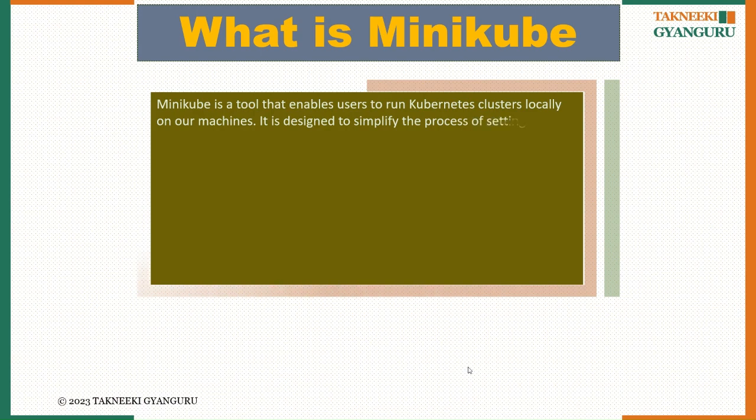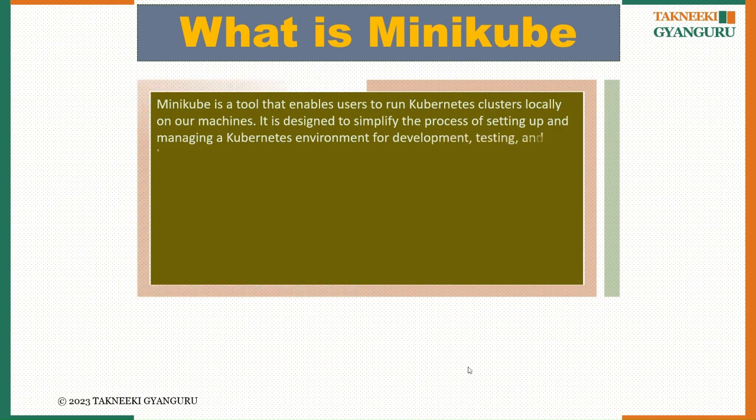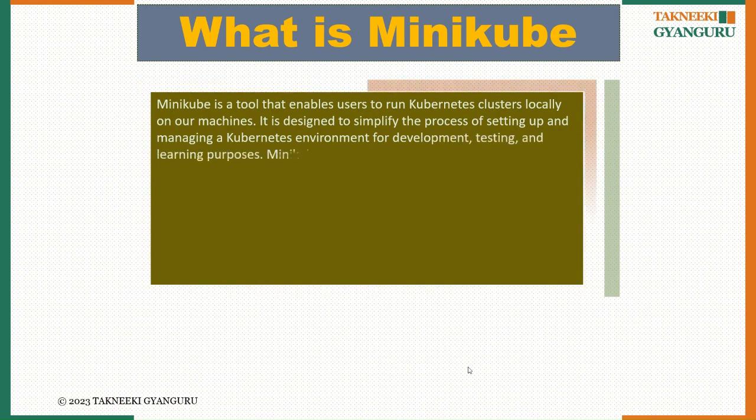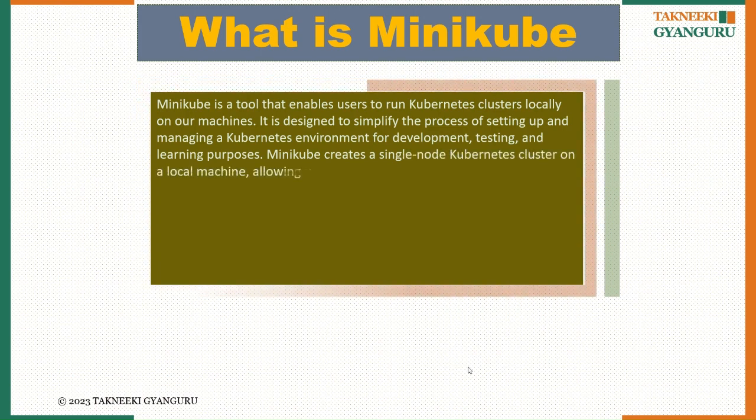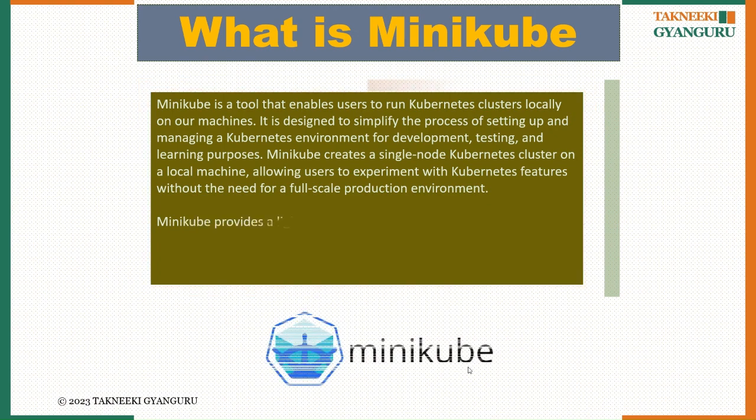It is designed to simplify the process of setting up and managing a Kubernetes environment for development, testing, and learning purposes. Minikube creates a single node Kubernetes cluster on a local machine, allowing users to experiment with Kubernetes features without the need for a full-scale production environment.